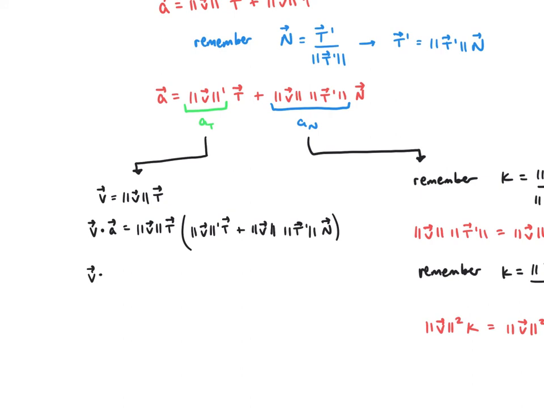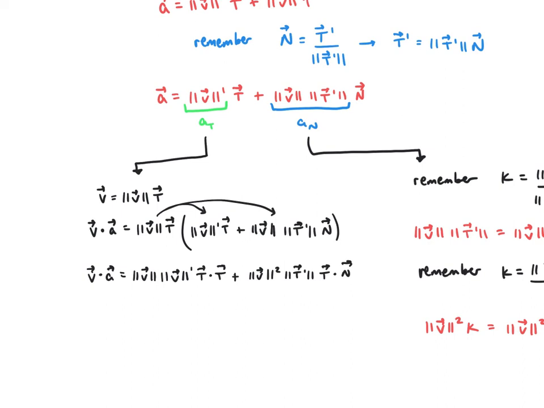And so what we have is V dotted with A, and I'm going to distribute now. What we get is the magnitude of V and its derivative, and then I have T dotted with T. So again, I'm distributing this through to these terms, plus the magnitude of V squared times the magnitude of T prime times the vector T dotted with the vector N. Really messy here.